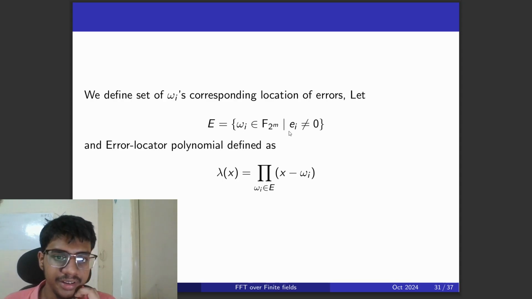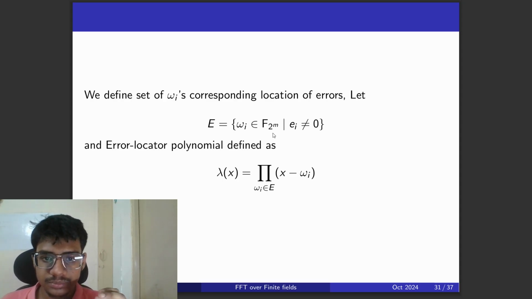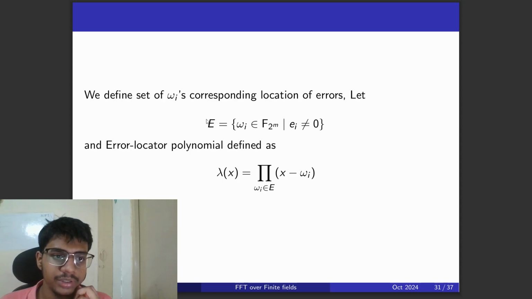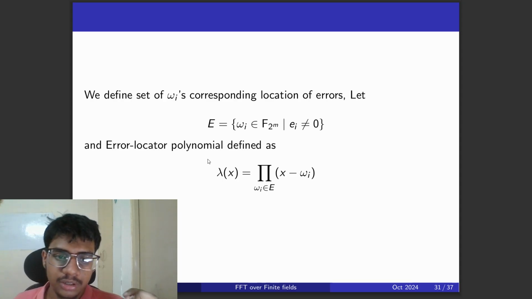So we will have this set: omega belonging to the finite field of dimension 2 to the power n such that ei is not equal to 0. And we will define an error locator polynomial. If this is the set of errors, our error locator polynomial would be the subspace polynomial of this error set. So we define lambda x to be the subspace polynomial of this error set.